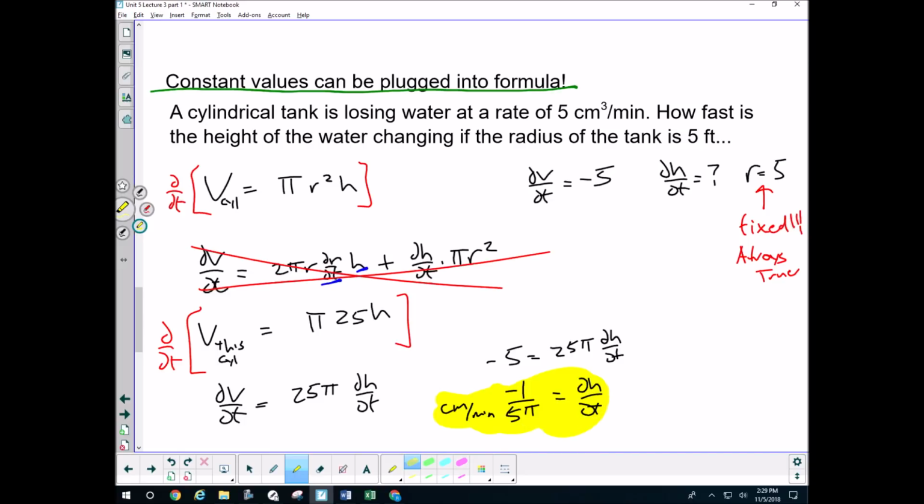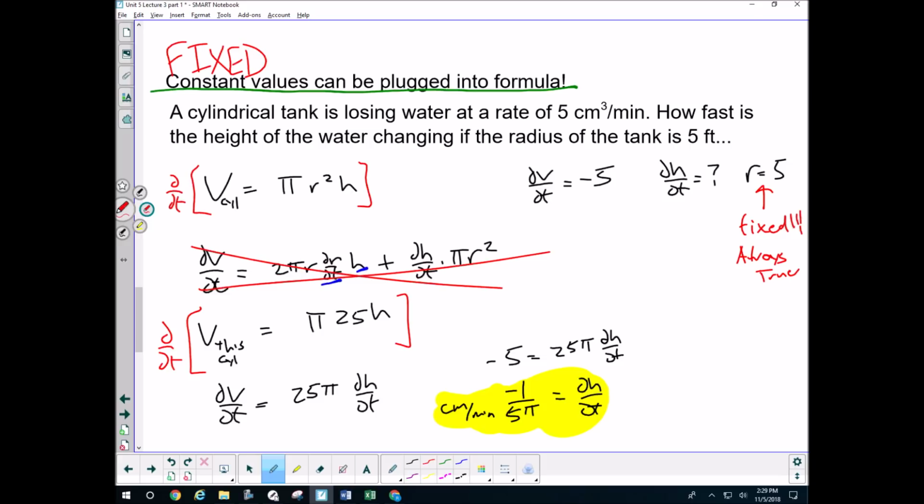Okay, for the remaining problems we're going to do, we are going to have fixed values. And this will help us tremendously make something that's kind of complicated a lot easier. Constant values or fixed values can be plugged into a formula to make a more complicated formula that has a product a simpler formula whose derivative is easy to work with.